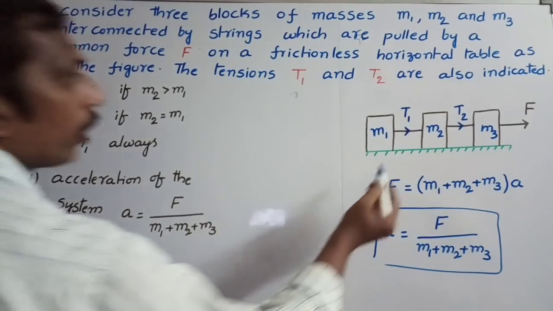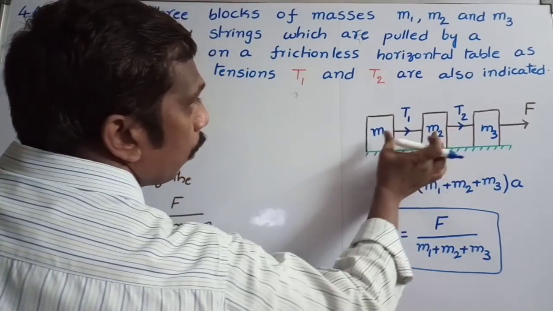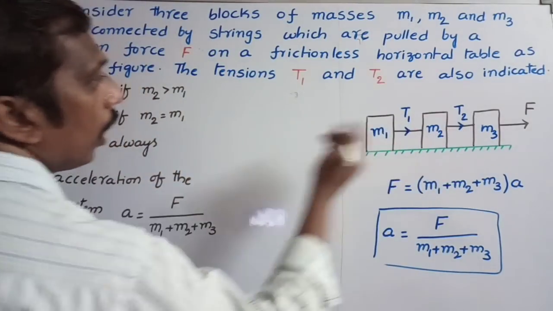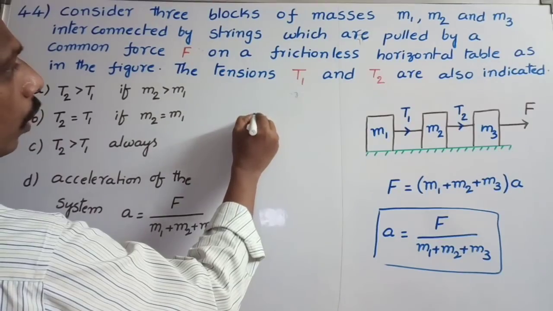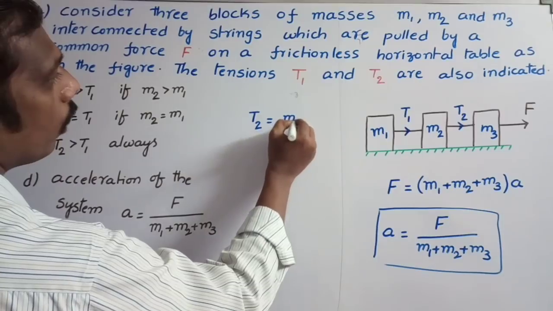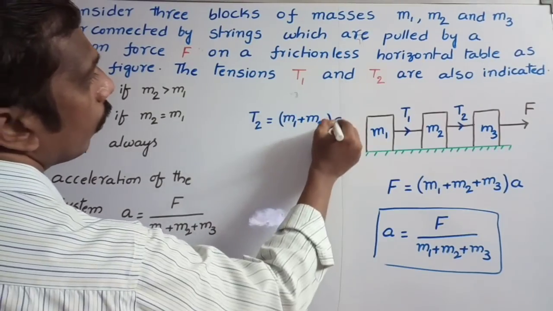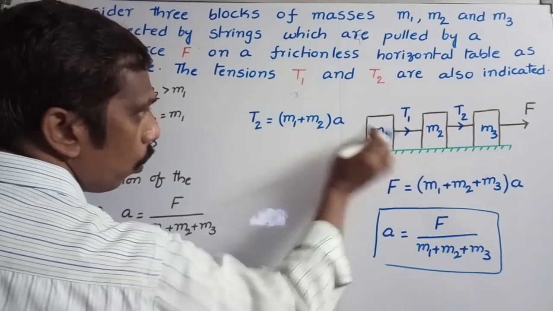Next, we want to calculate the T1, T2 values. If you observe, this T2 pulls these two blocks M1 and M2. So T2 is equal to (M1 plus M2) into A we will get. In the same manner, T1 pulls only M1.